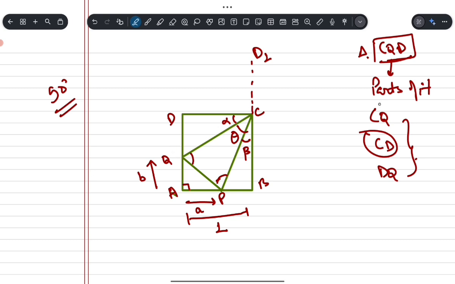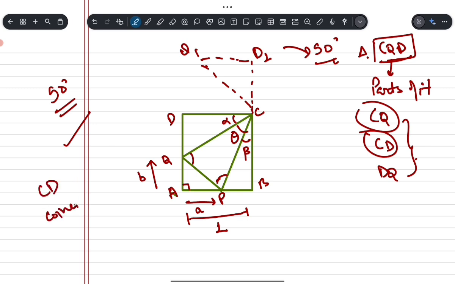Now let's come to CQ. We'll rotate CQ by 90 degrees as well. We have to rotate the whole diagram by 90s. So for CQ by 90, I'll drop a perpendicular on CQ. Yes, and this will be the new position of CQ, the Q1, and we have D1Q1 as the new position of DQ. Perfect. Now once again, we need to rotate it by 90 degrees. Our intention is to make CD coincide with BC.